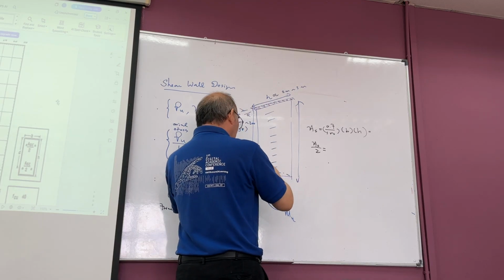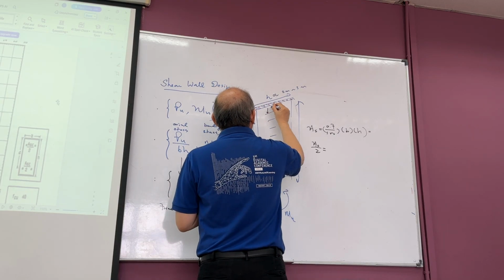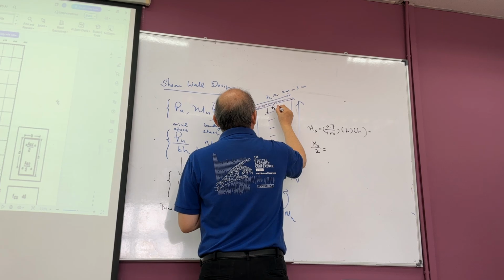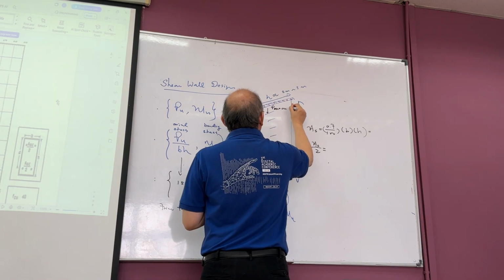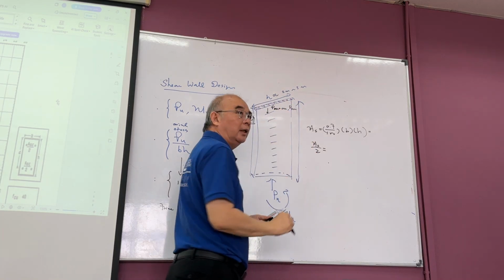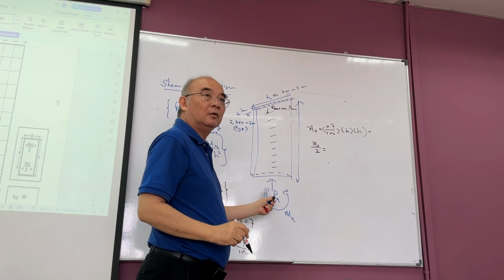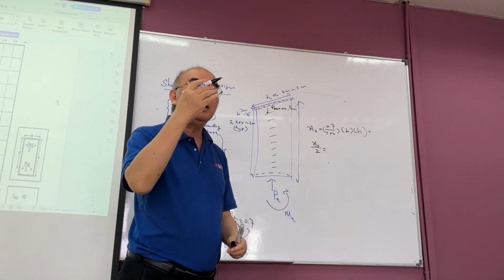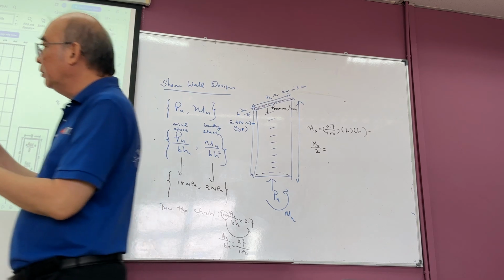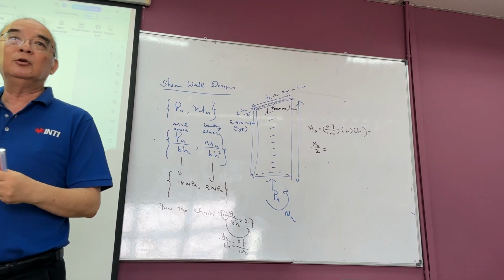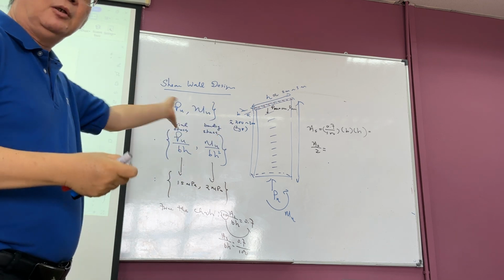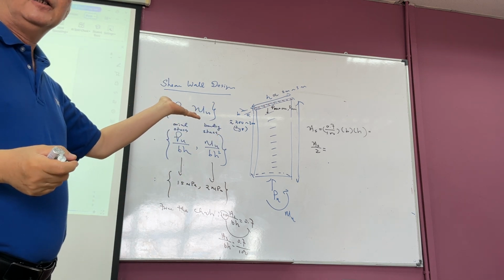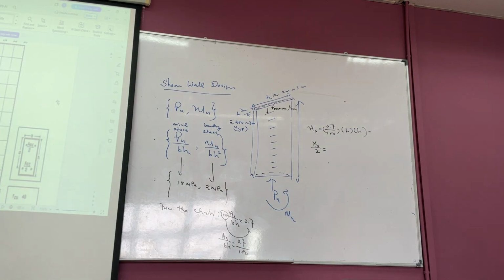Now you have the PDL plus SDL, and also the PSLL, at each floor. Then you have to multiply by the number of floors, because I will also give you an elevation view telling you how many floors there are. Let's say 15 stories, then you multiply by 15. Understand?